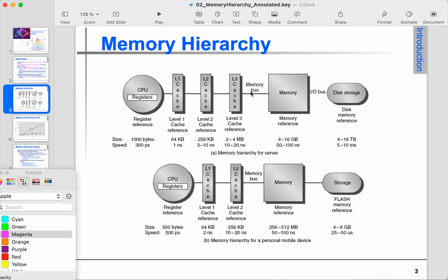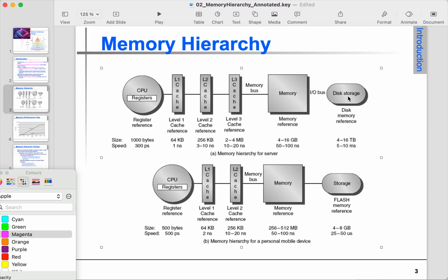Then, if outside of these caches, we would go onto the memory bus to access the main memory, which is faster and smaller than the disk storage. Once again, we would need to go onto another bus, an I/O bus in this case, to access the hard drive or the disk storage.